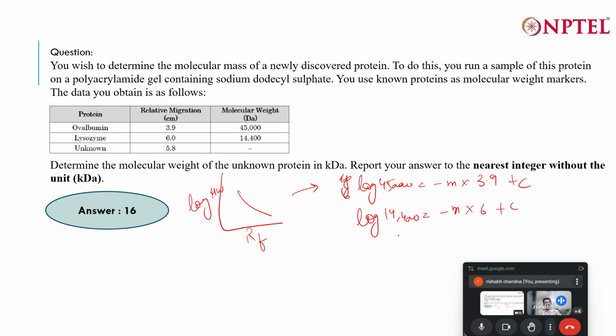So after solving this, you will get the values of m and c, and then for the other one you will put 5.8 plus c. So you'll put those values, and based on that the molecular weight would be 16.